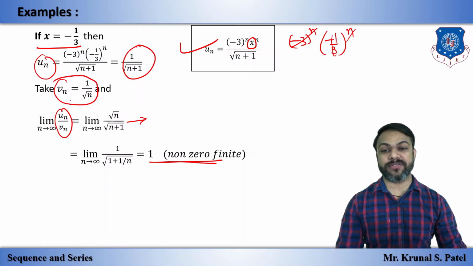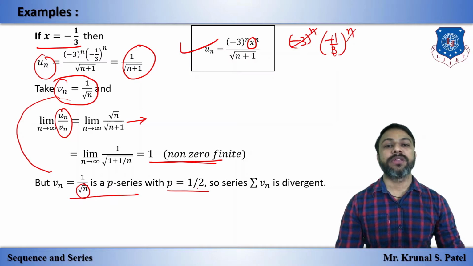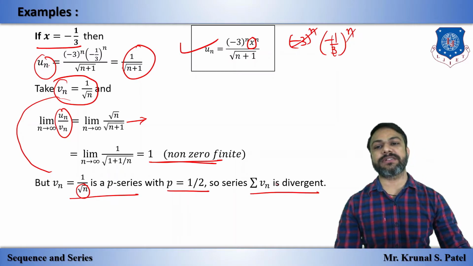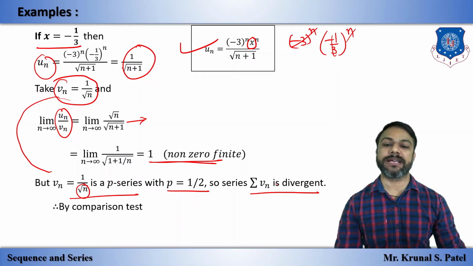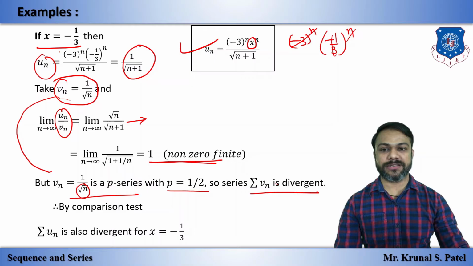We will check this vn by p series, and by p series this power n raised to 1 by 2, p is 1 by 2 which is less than 1, so vn is divergent, and therefore un is divergent by comparison test. So un is divergent for x equal to minus 1 by 3.